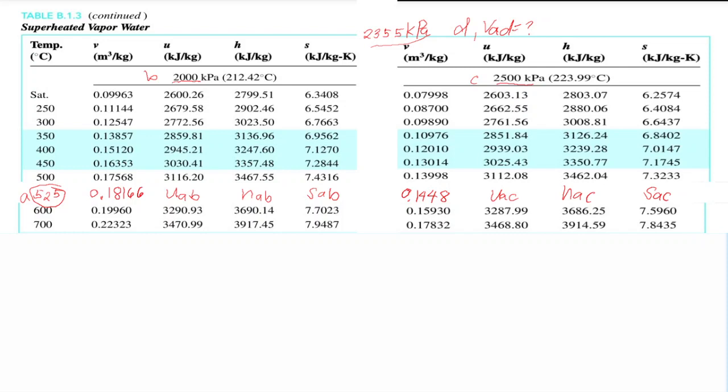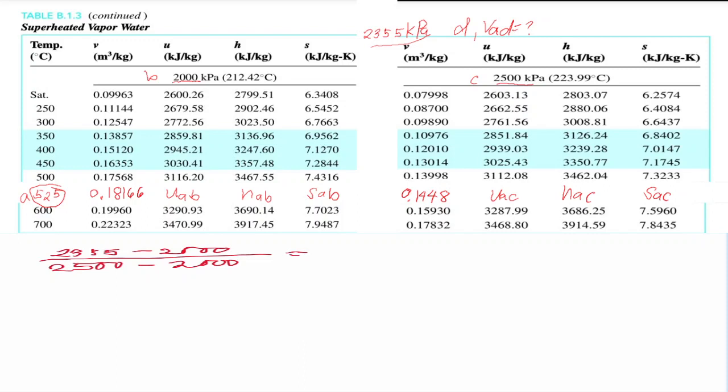So that means at a pressure, we have 2355 kilopascal minus 2000, all over the ratio of 2500 minus 2000, which is equals to 2355.